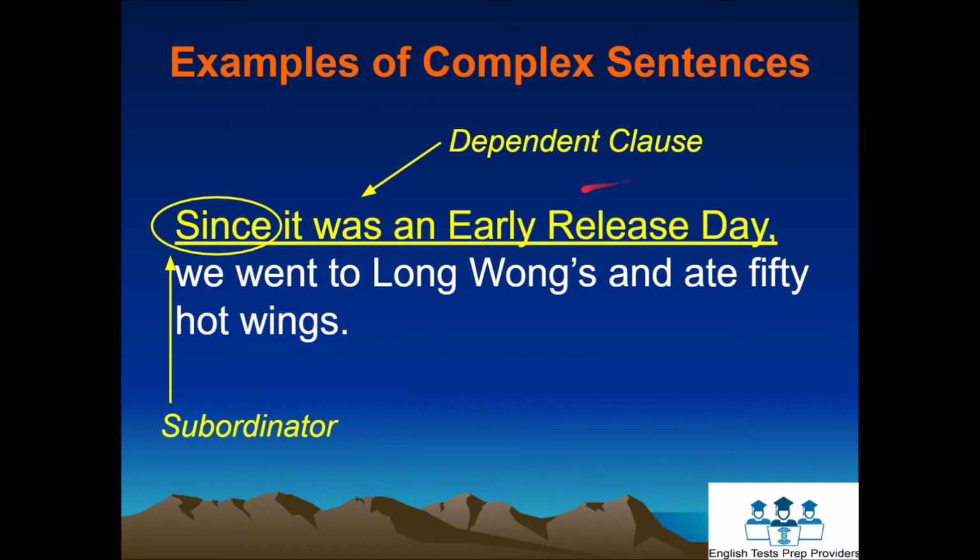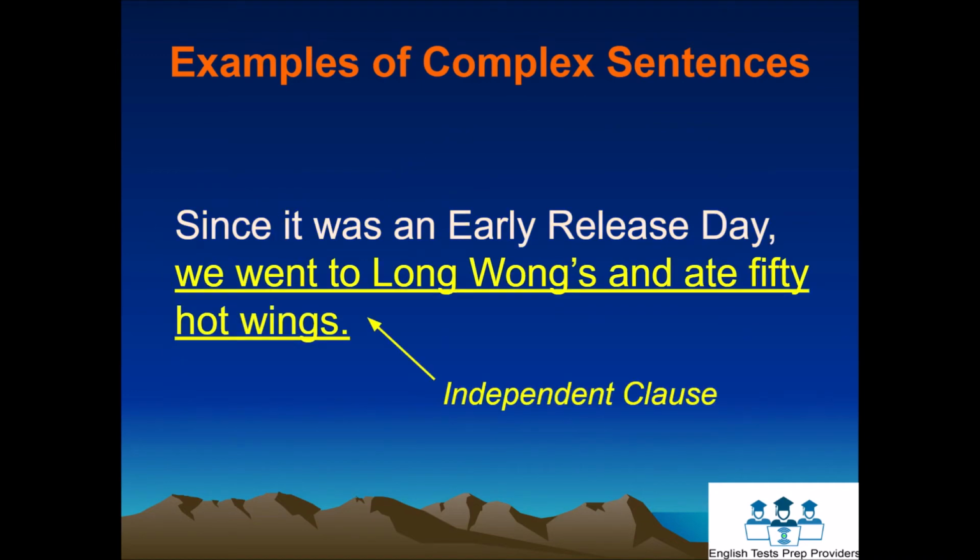The dependent clause is since it was an early release day, so it cannot stand alone. Remember? So in this case, this complex sentence is introduced by a subordinator, since it was an early release day, and punctuated with a comma after the clause. Hence, we went to Long Wong's and ate 50 hot wings is our independent clause.